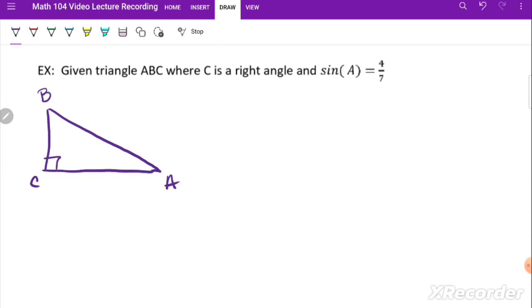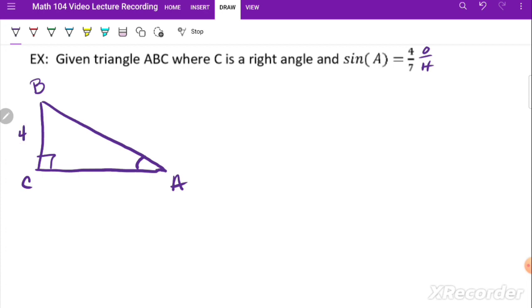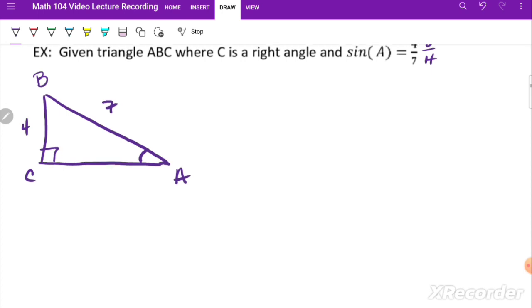Alright, so sine of angle A is equal to 4/7, and sine is opposite over hypotenuse. So this will be 4 and this will be 7. We'll do the Pythagorean theorem to find our missing side.